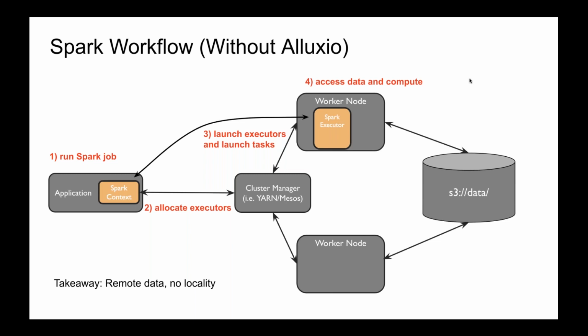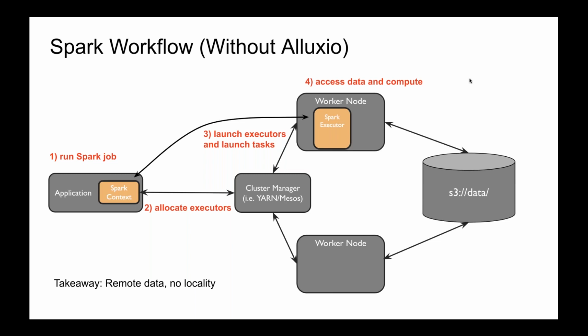So this is the case once the data is remote, like S3. You always need to go to S3 to access the data to feed your Spark tasks, and you get no locality at all because you always access remote data. So this is how it works in a setting without Alluxio.